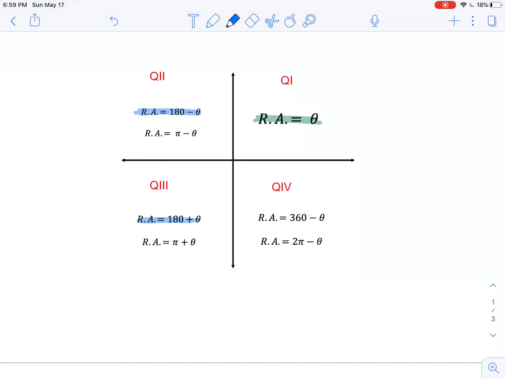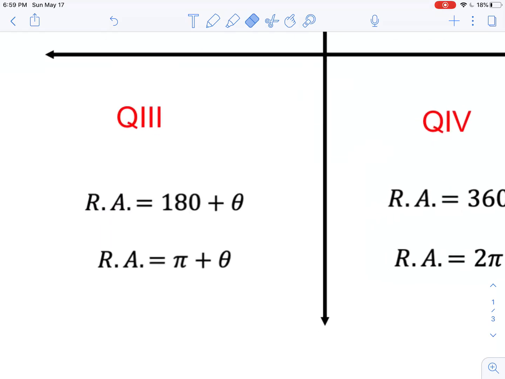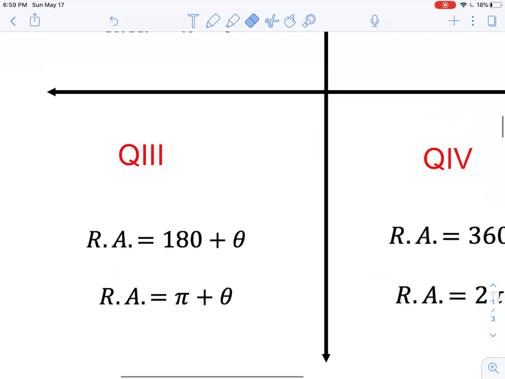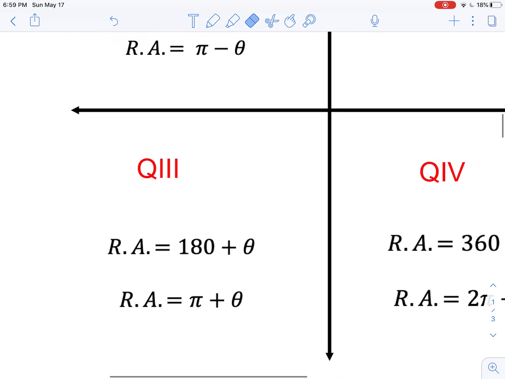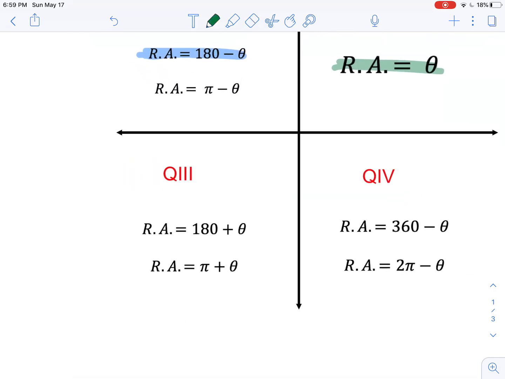And actually, that's wrong. It's 180 minus theta, and then this is going to be theta minus 180. And this is going to be theta minus pi.